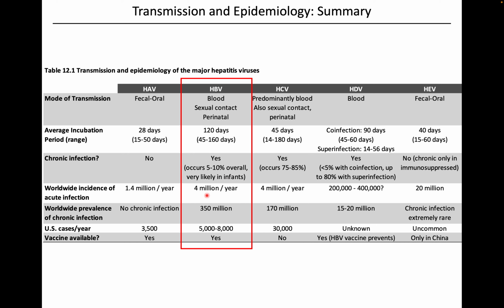And you've got 4 million people worldwide with acute infections and hundreds of millions worldwide with chronic infections. So that's a huge number, 350 million. Again, less of a problem in the U.S., but still 5,000 to 8,000 cases a year. Luckily, there is a vaccine available against hepatitis B as well.